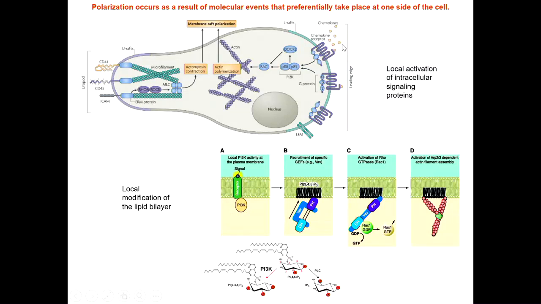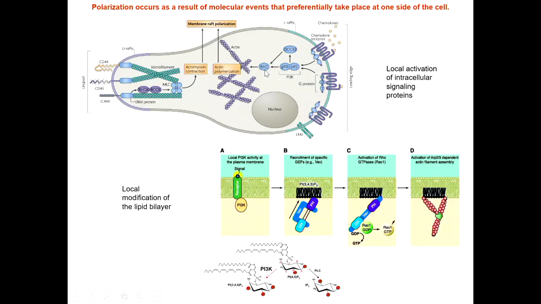As it turns out, chemokines are, just FYI, molecules that tell a cell, move towards me. So if I secreted a bunch of chemokines, cells would want to move towards me. That's what the signal from a chemokine ligand says to do. So inside of a cell, this is some of what happens. You end up polymerizing actin on the side of the cell that's getting that signal so that the cell wants to go, because the cell wants to go this way, so it needs to have actin being polymerized to go that way.